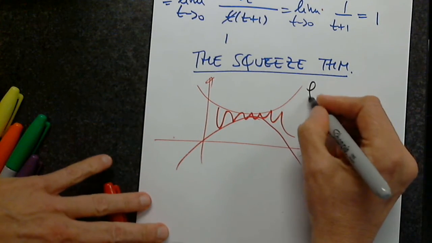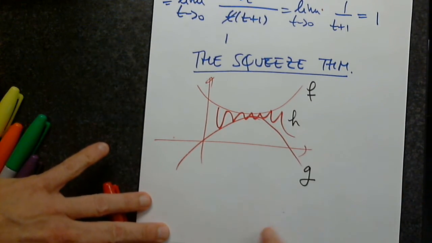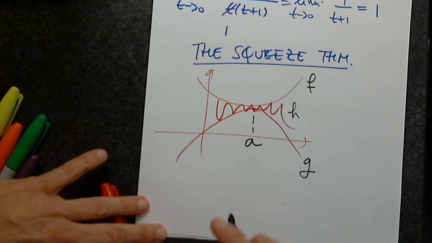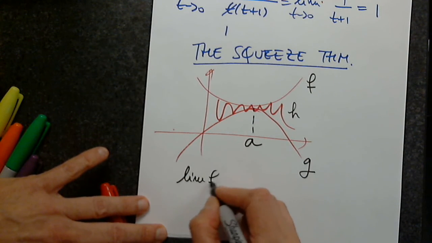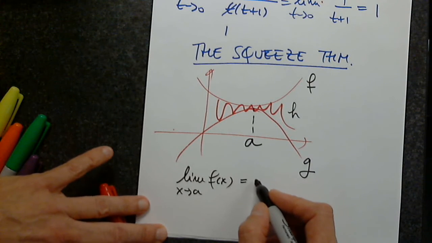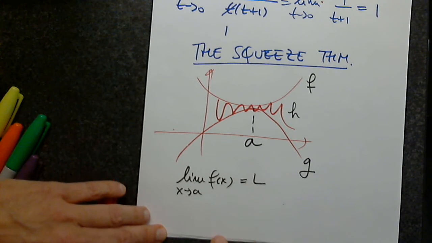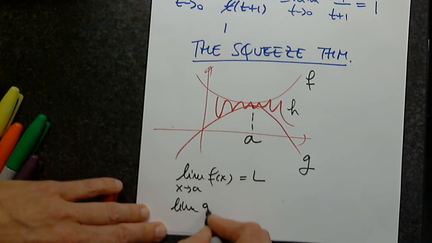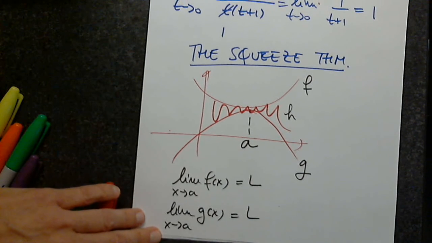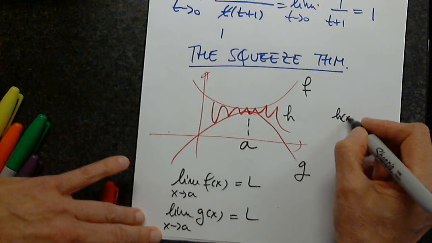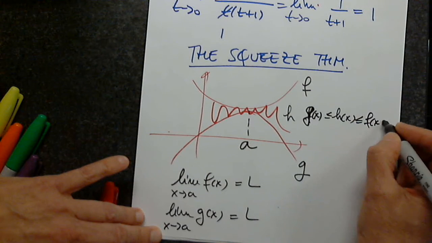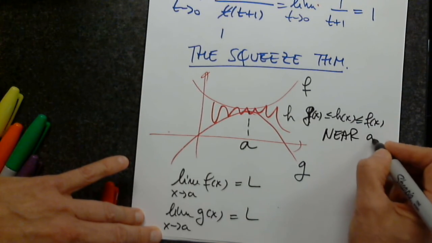So this is function f, this is function g, and this is function h. Let's say that the limit of f of x as x approaches a from either side is L, and the limit of g of x as x approaches a from either side is L. And I showed that h of x is squeezed between g of x and f of x, specifically near a.